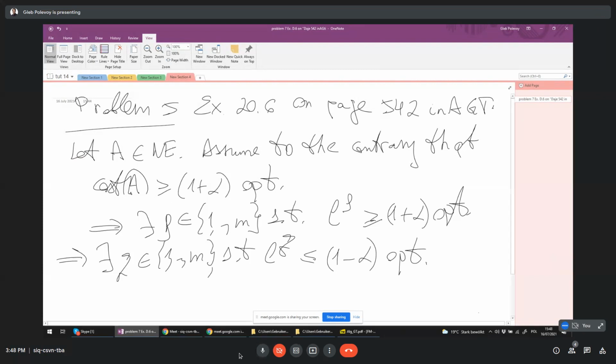Now, what does it mean that there is an optimum? That if you could smear the machines equally, it would be at most optimum. So if there is a machine which has at least 1 plus alpha times optimum, then there has to be a machine that has at most 1 minus alpha times optimum, because the average has to be at most optimum. I can write it exactly with the sums and all, but you understand it. Thank you for the question.